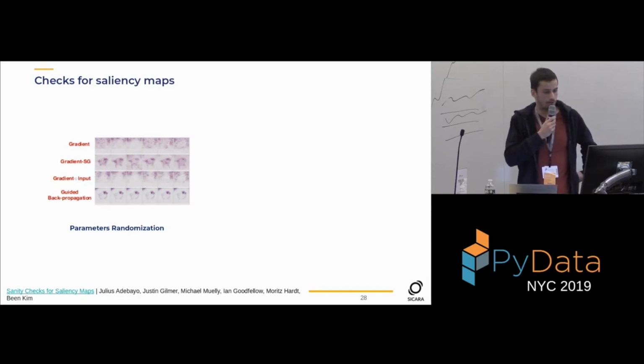And what's kind of warning in this parameters randomization is that some methods are actually kind of the same over the randomizations. So even with a high proportion of randomized parameters, we can see that the heat maps, the saliency maps, stay the same.